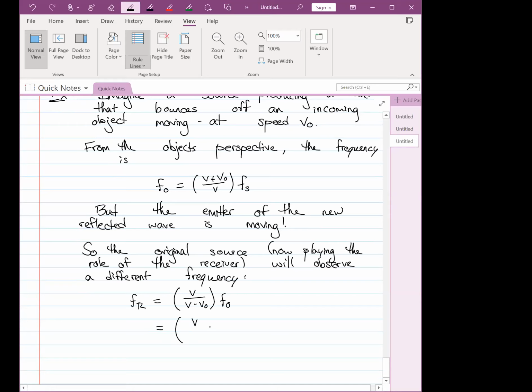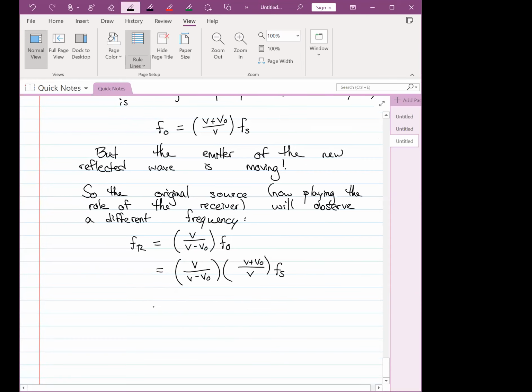This is V over (V minus V naught) times (V plus V naught) over V times the original frequency from the source. And this tells us that the receiver, which was also the source, will detect back a frequency of (V plus V naught) over (V minus V naught) times the original source frequency.